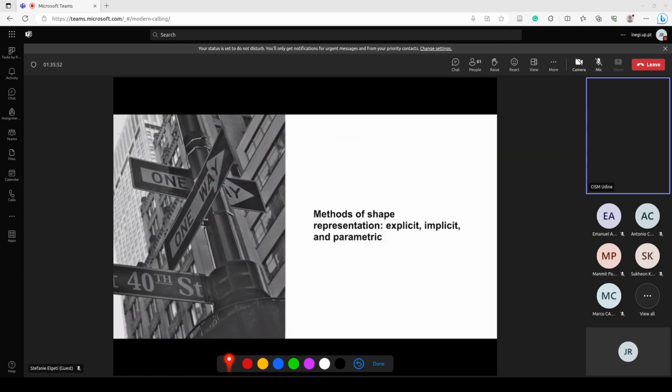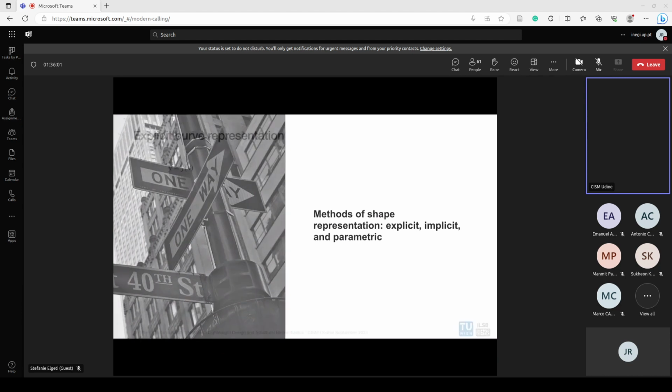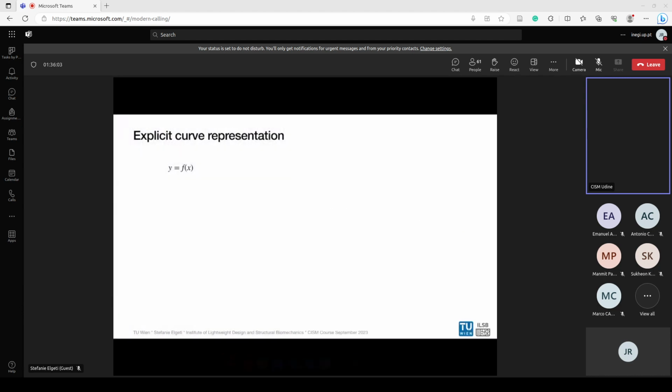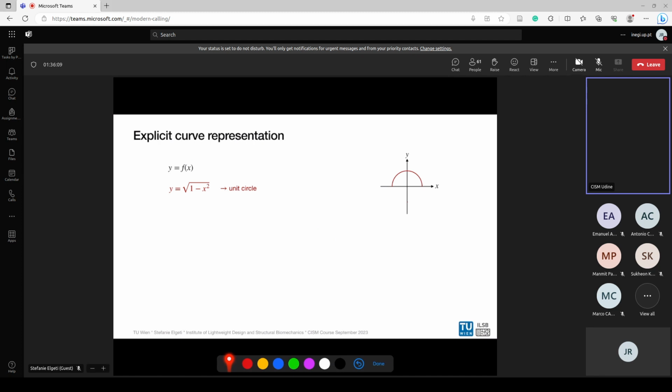Okay, so how can we represent shapes? There's, in principle, explicit, implicit, and parametric shape representation. I will give the example for curves, but this extends then also to surfaces, volumes. Explicit curve representation means that I represent my y-coordinate as a function of the x-coordinate.